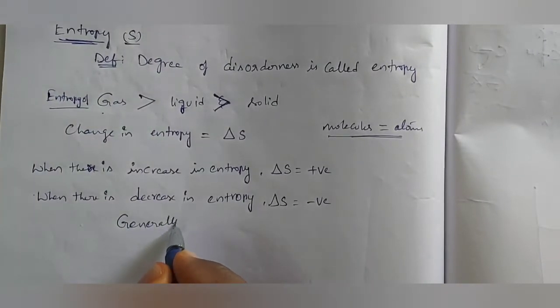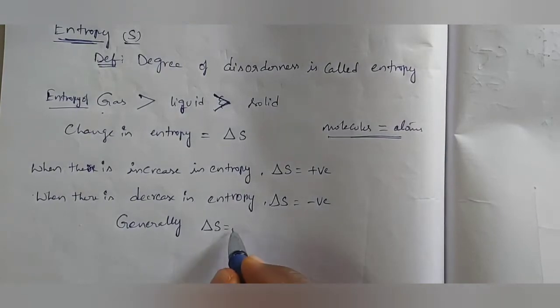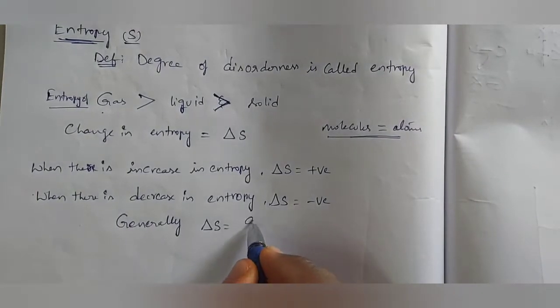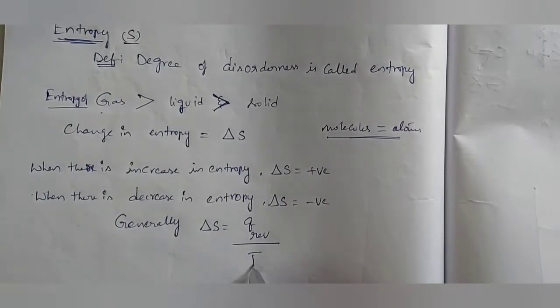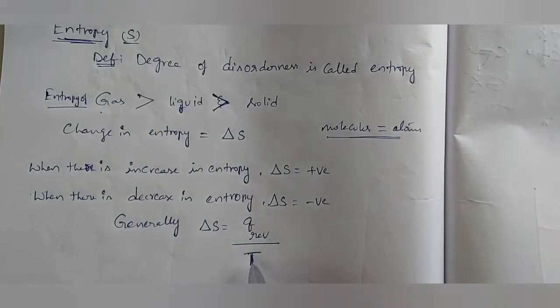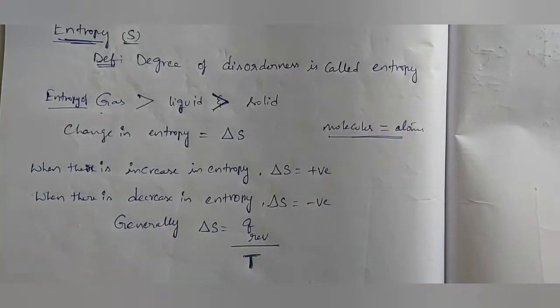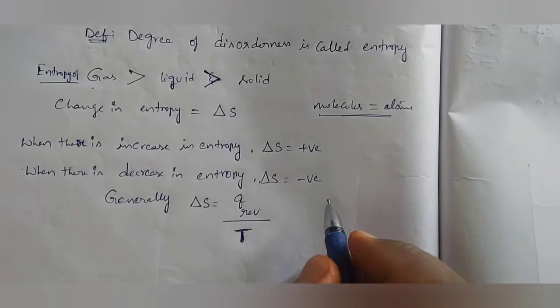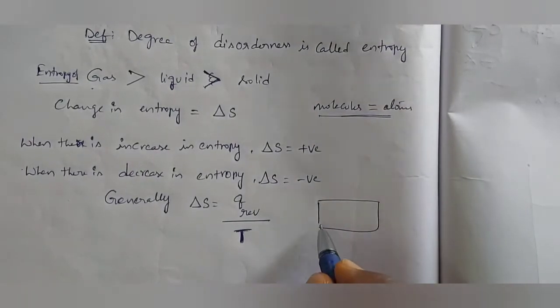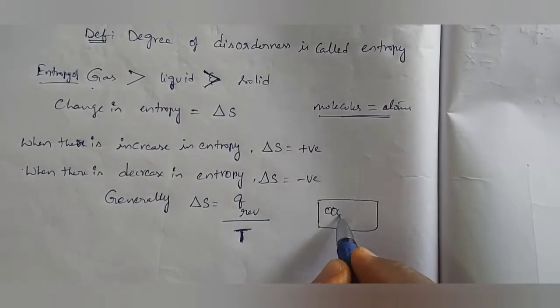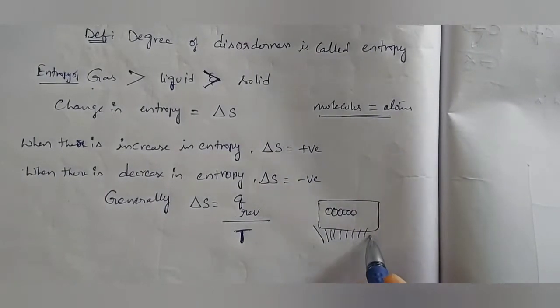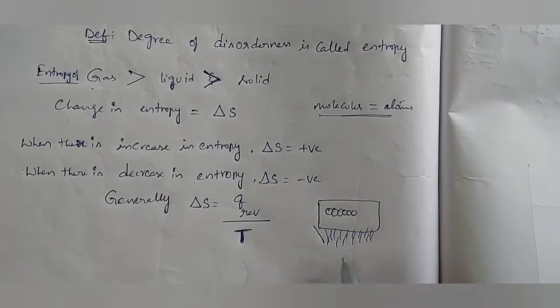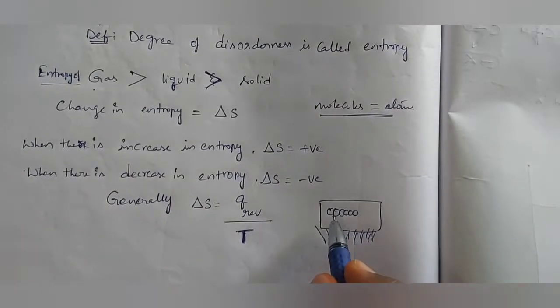General formula of delta S is equal to heat involved in reversible change divided by temperature T. For example, if you take a solid, in that solid the particles are very closely packed with each other. By heating that solid, the particles will absorb the energy.